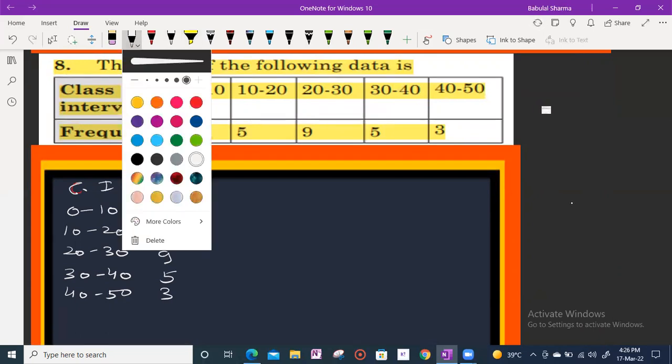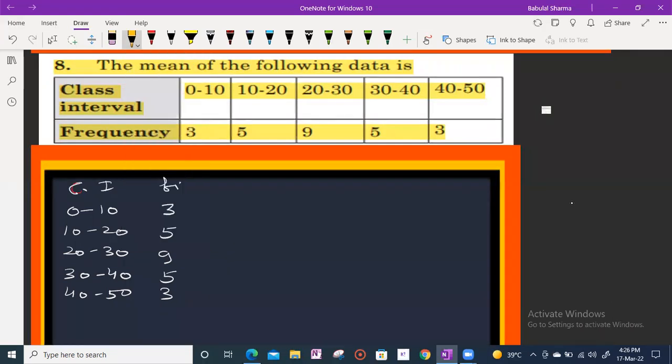Then now what to do? We have to find out the mid value, which is given by xi. Xi means lower limit plus upper limit divided by 2. So 0 plus 10, 10 divided by 2, that is 5. For xi, we add the lower limit and upper limit and divide by 2. 10 plus 20, 30 divided by 2, that is 15.